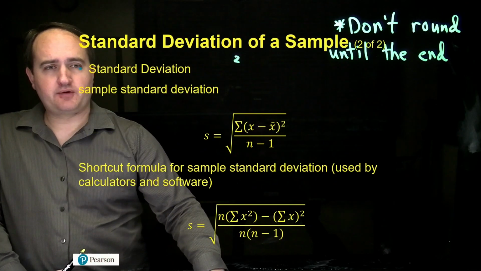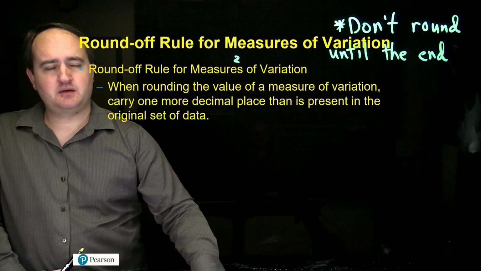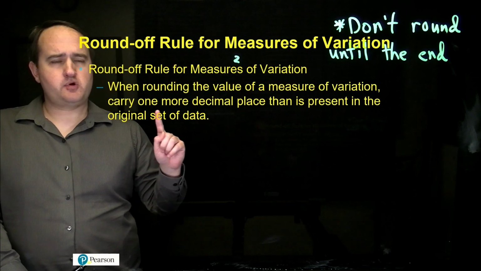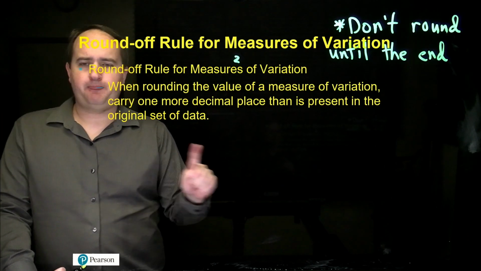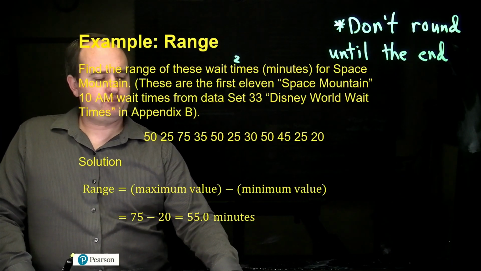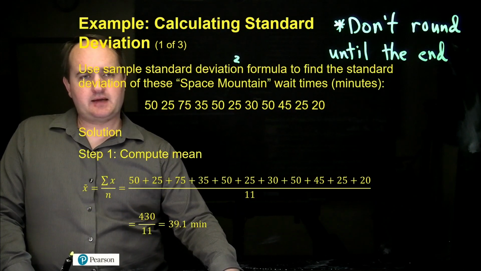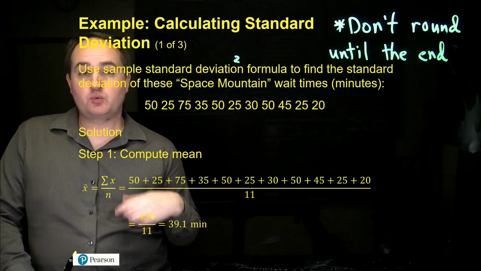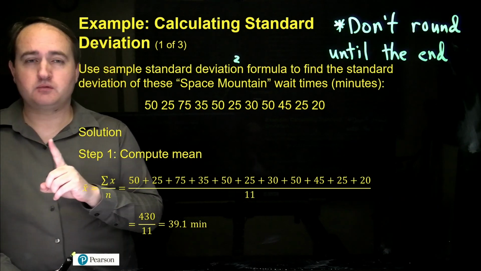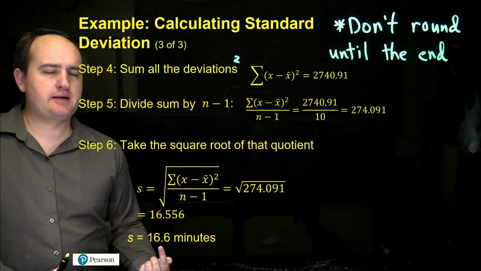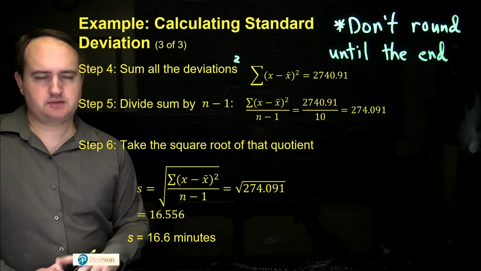Using our round off rule that we talked about at the beginning of this lecture, we want to carry one more decimal place than is present in the original set of data. In this problem, the original data values had 0 decimal places. So we want to have one more than 0, which is 1 decimal place. That's why they rounded this to 1 decimal place.